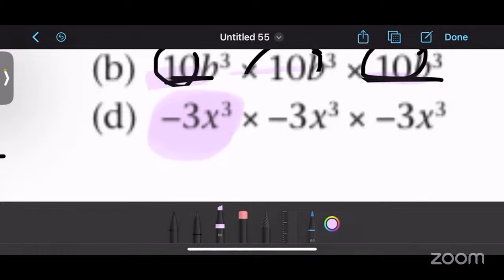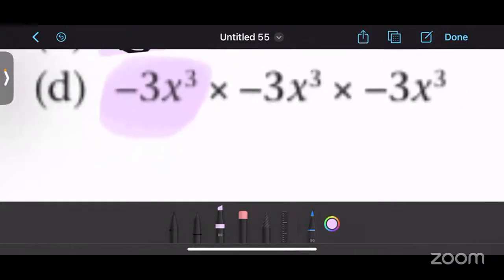Okay, can you say that again? I said we're going to add the exponents and we're going to multiply the negative by the -3. Okay, tell me what is it that I'm going to write here. -3x to the power of 3.